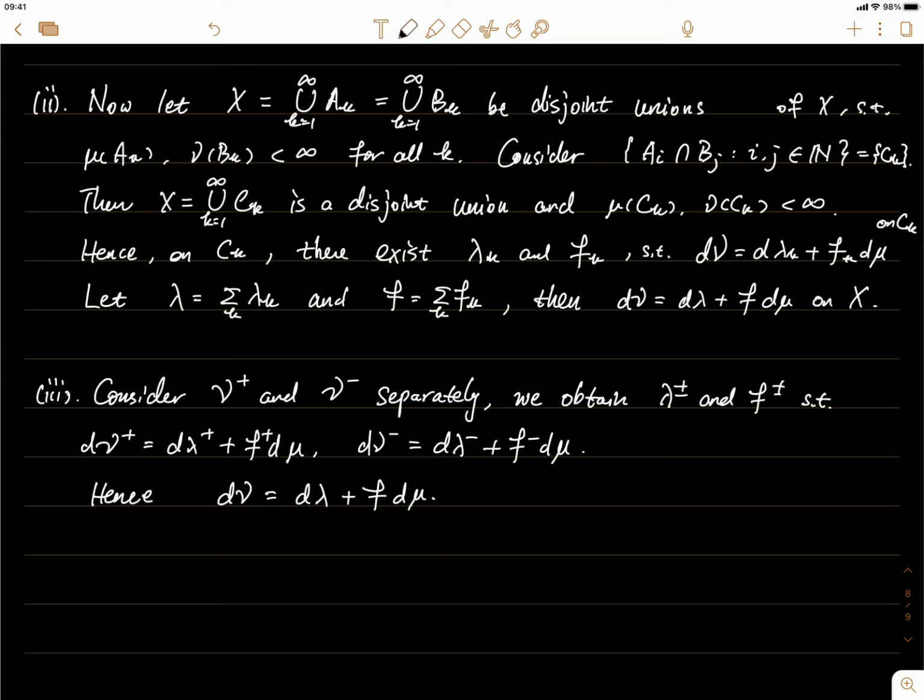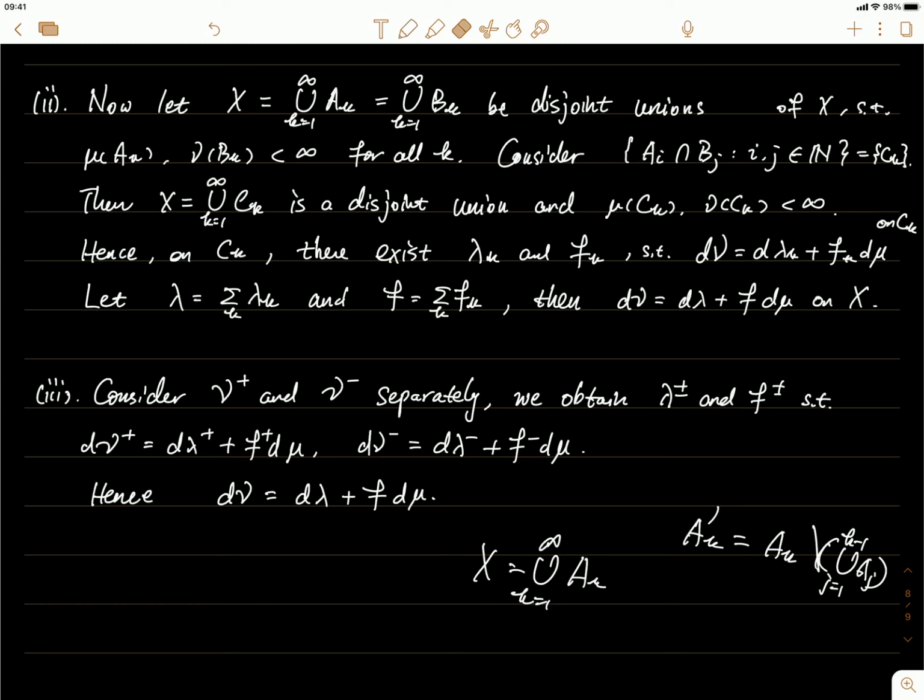For example, if you have some A_k whose union is equal to X, we can define the new A_k, let's say A_k prime, to be the difference of A_k and the union of A_j, where j is from 1 to k minus 1. In this case, these sets will not overlap.